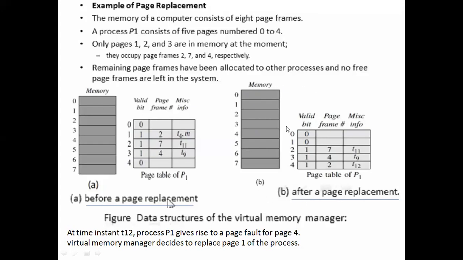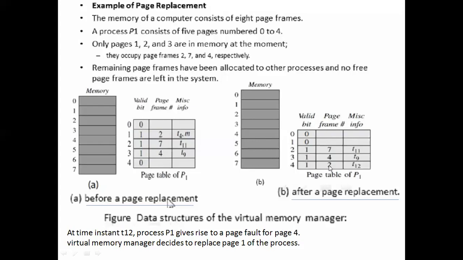Once the page replacement is done, what modifications can you see here? Compare this figure and this figure. Look at page frame 2. Earlier, page frame 2 stored page number 1. But at time T12, process P1 gave rise to a page fault for page number 4. If you look at page number 4 here, which frame is it now stored in?